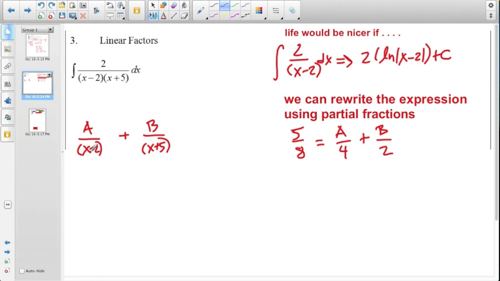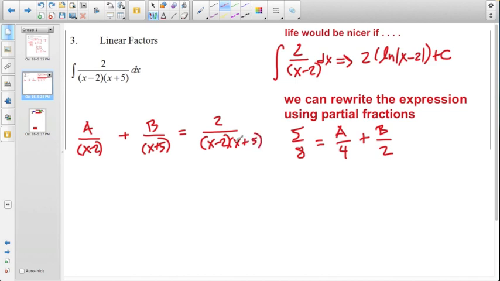And so when we talk about being proper and the numerator being smaller than the denominator, in terms of polynomials, since we have linear polynomials in the bottom, we need to have constant terms or just numeric terms in the top, because that would be a smaller degree polynomial than the bottom that would be making these fractions proper. So when we have linear expressions in the bottom, we have constant expressions or just numeric expressions in the top. And we know that this then is going to be numerically equal to the original expression.